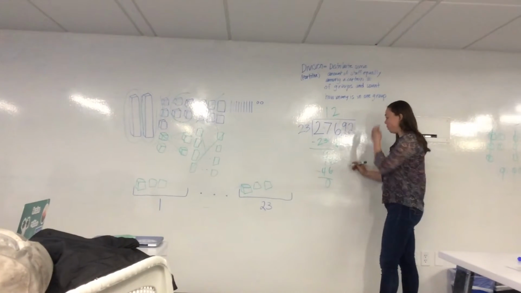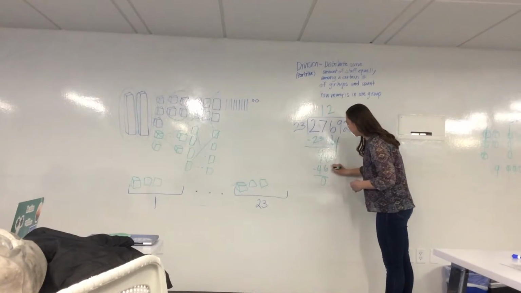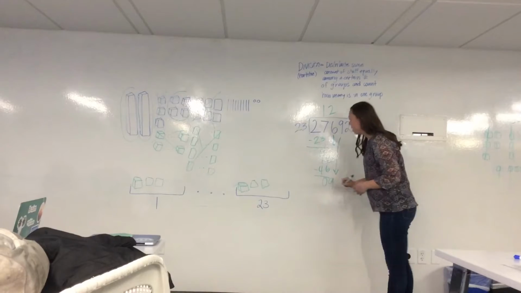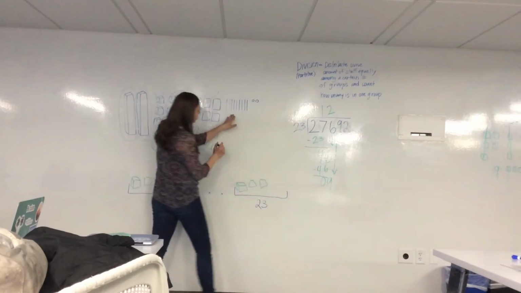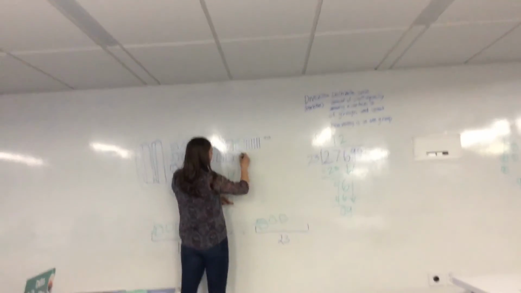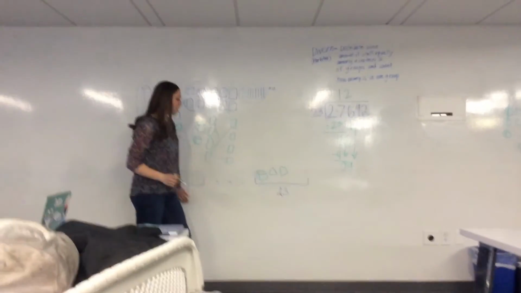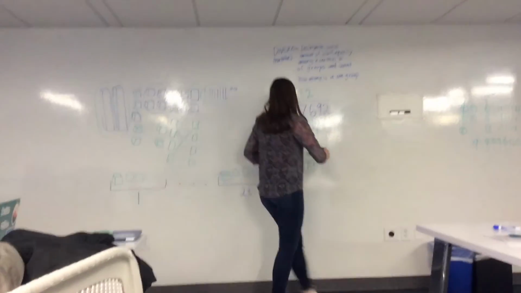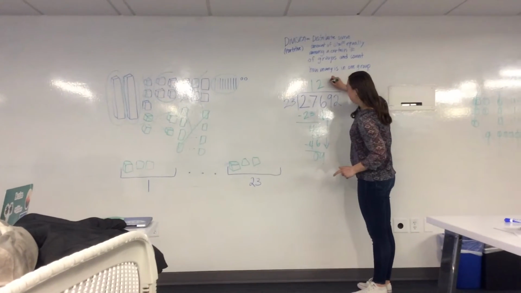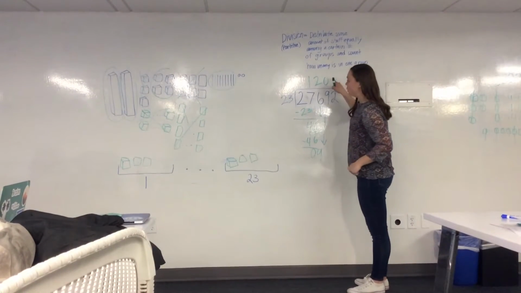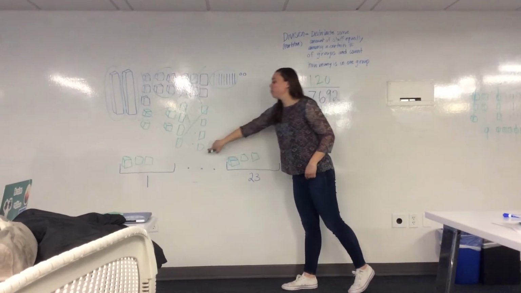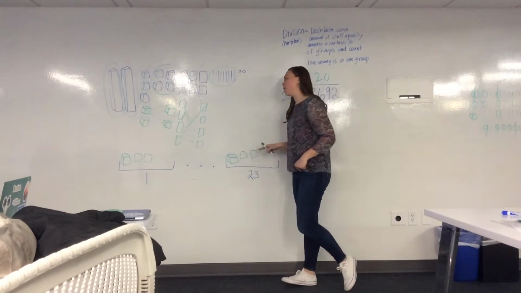So next we're going to bring down this 9. And that's the same as us considering all 9 of these rods. But again, we don't have enough to give 1 to each of these groups. So I'm going to say we can give 0 rods to each group because we don't have enough to fill all 23 groups.